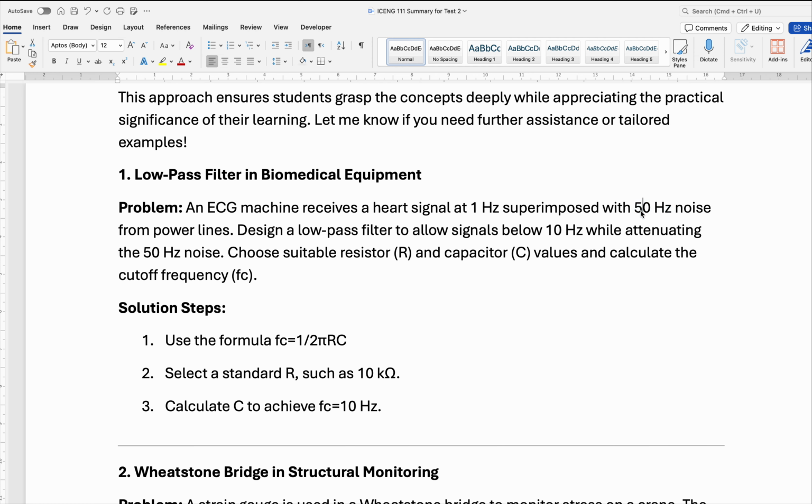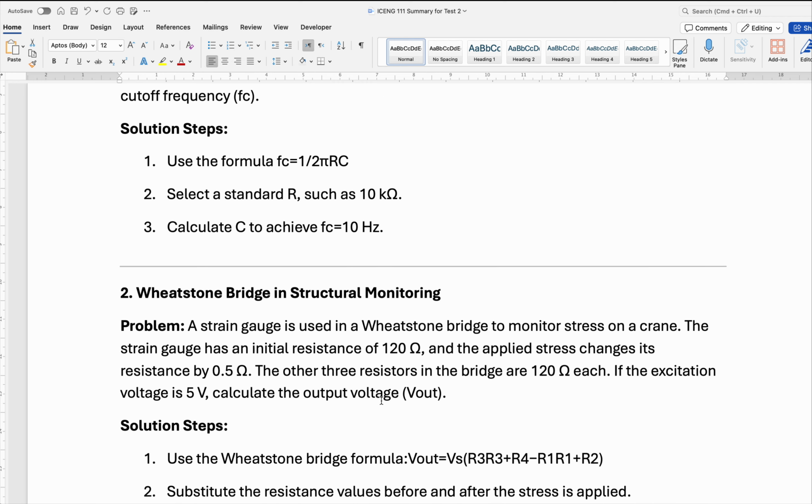Of course, you're going to substitute 50 hertz to calculate the cutoff frequency, and then we are going to see if I have 1 hertz or 10 hertz, how much I'm going to save of this 10 hertz. So I'm going to do my calculations again and see how much I can save.